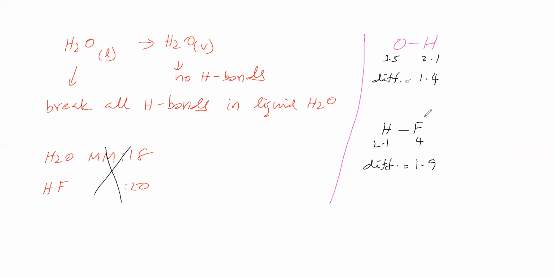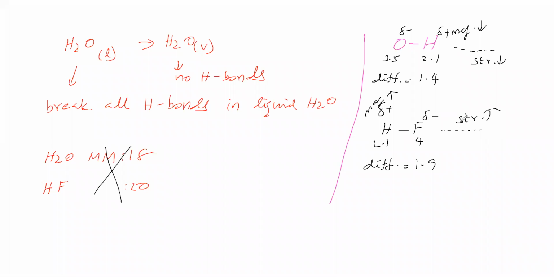Therefore, here partial negative charge is possible, here also partial negative charge is possible, here partial positive, here partial positive. This magnitude, if you see, is less, and this magnitude is high, because the difference is more. Therefore, in this one that is making hydrogen bonding, the strength will be high. In this one that is making hydrogen bonding, the strength will be low.